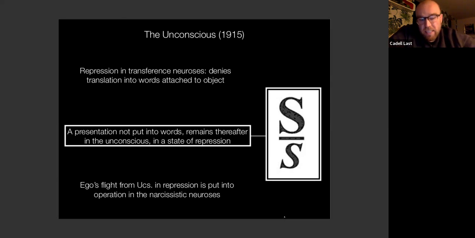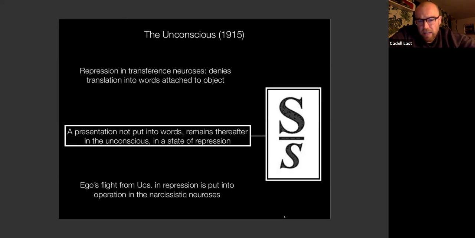It says ultimately the ego's flight from the unconscious, as we know in repression, is impossible, and this impossible flight from the unconscious, which manifests so strongly in the neurotic, is put to operation actively in the narcissistic neuroses. And I think that's where we're going to end this paper.